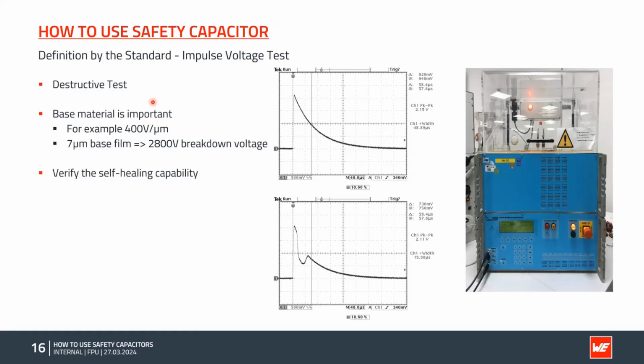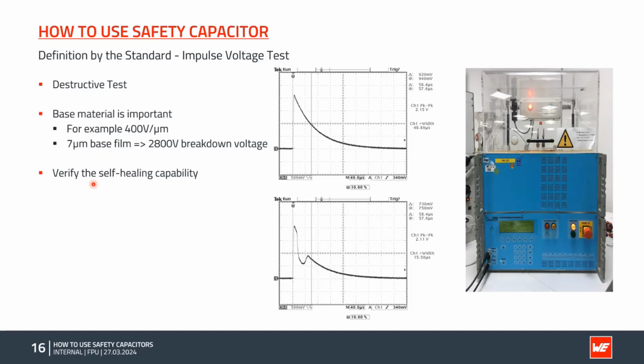For the base material, what I said also in the beginning in the table is really important: you have some kind of voltage definition per micrometer, so the breakdown voltage. When you assume a 7 micrometer base film, which is quite typical, we have around 2800 volt breakdown voltage. And this is what we then test with this device. We apply 2.5 kilovolts, because this is defined by the norm, and see how the capacitor reacts.